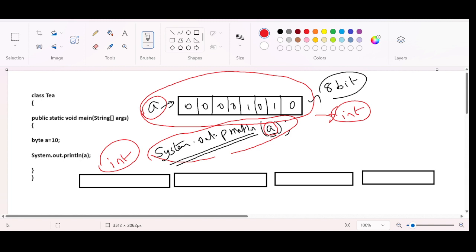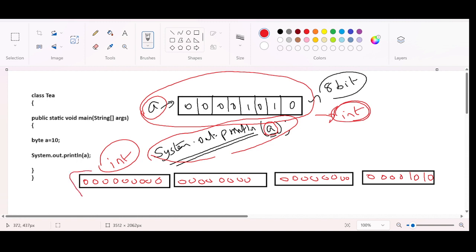If it is converted to the integer data type, it's the same thing: everywhere zeros, and zeros, and 1010.